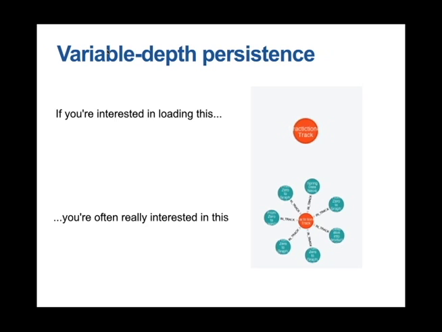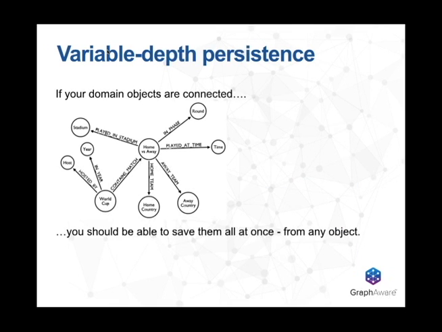And one of the most important aspects, we think, to help us do this has been what we call variable depth persistence, which I'm just going to talk a little bit about for now. Variable depth persistence is important for both reading and for writing. The read case is quite obvious when you think about it.